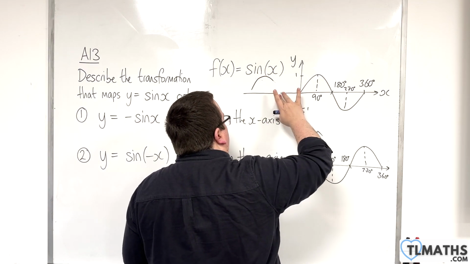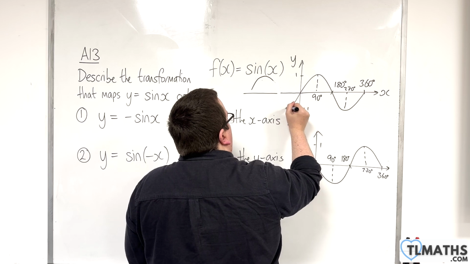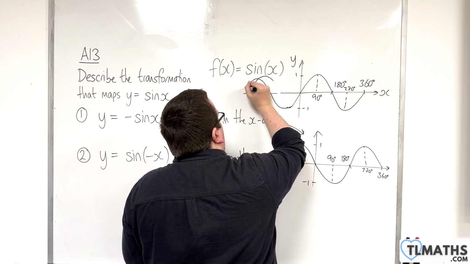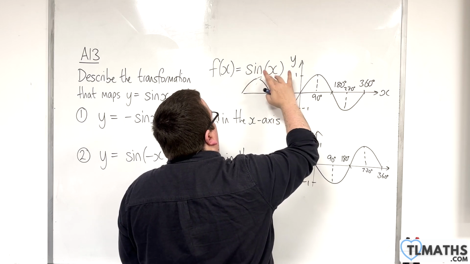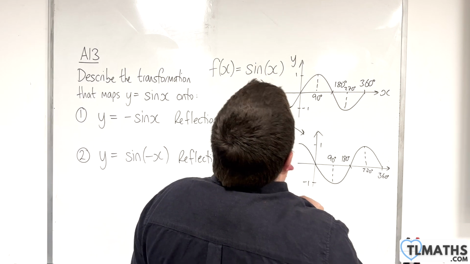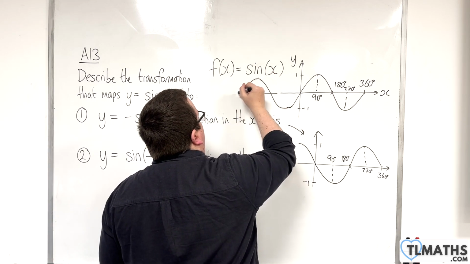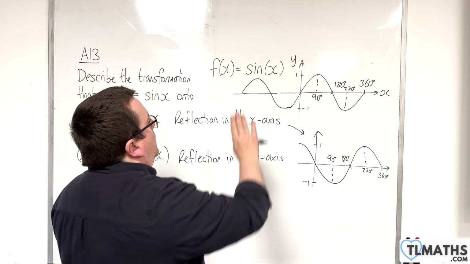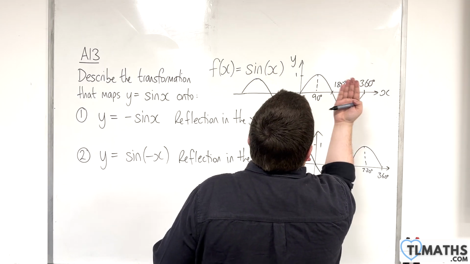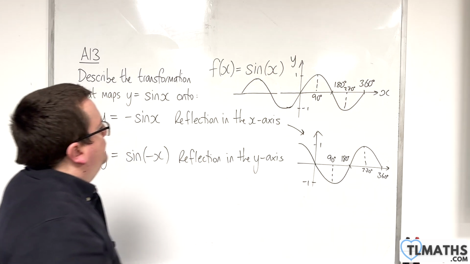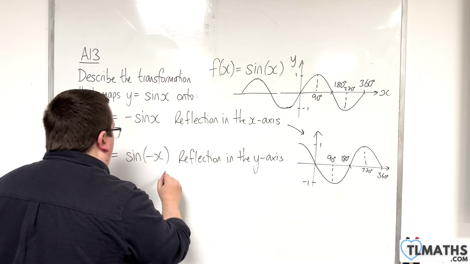I'll have another go at that. Something like that. Okay. So reflecting the y-axis, all of that's going to come over here, and all of that is going to come over here. So what's that going to look like?